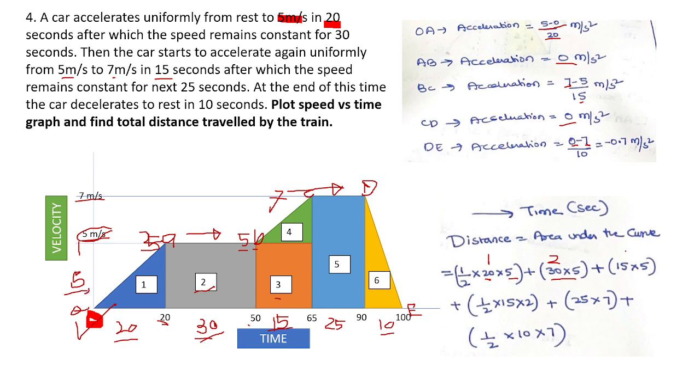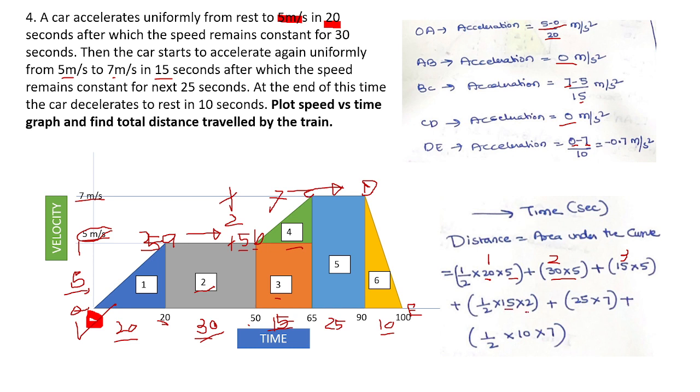Then number 4 is a triangle. What's the height here? This is 7 and 5, so this is 2. That is 2, the height of triangle 4. The base here is 15, and the height is 2.